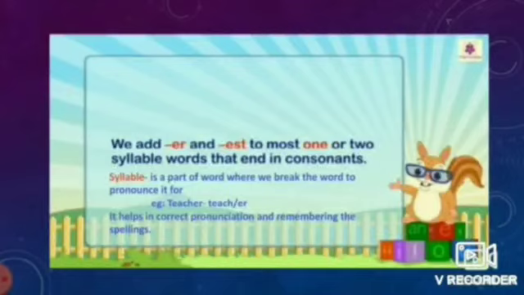A syllable is a part of a word where we break the word to pronounce it. Right? For example, teacher. How do we break this word? Teach and er, teach-er. It helps in correct pronunciation and remembering the spellings. Okay, students?